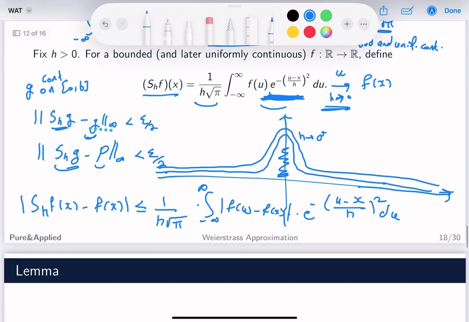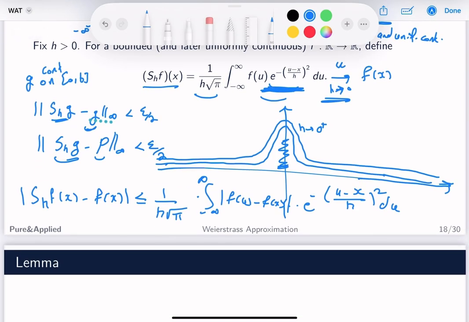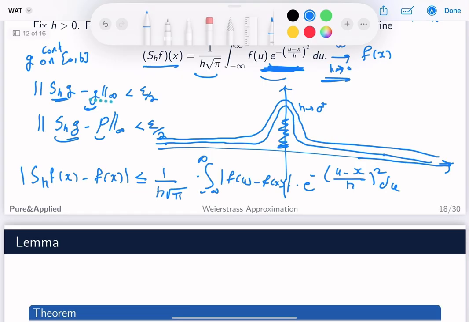And after that, the idea is that if you look at this integral, you can split it into two integrals. So let's put it this way: the integral over u close to x plus the integral over u far from x, roughly speaking.